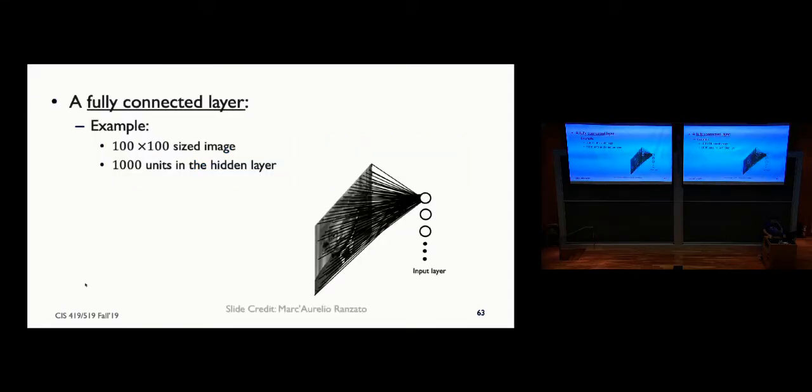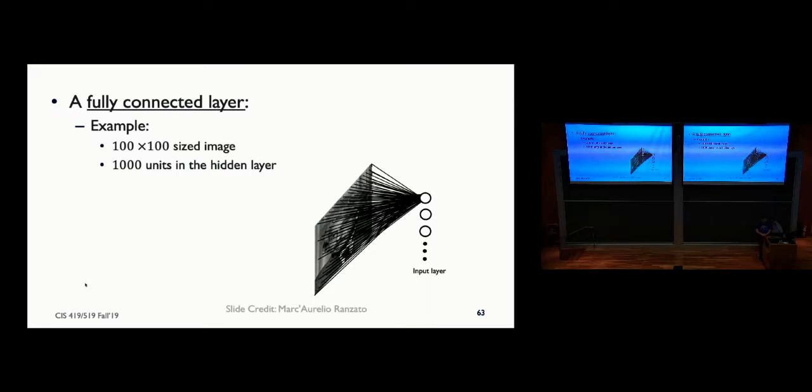So suppose I have 100 cross 100 sized images, and I make the first hidden layer to be of 1,000 dimensions. How many parameters do I have now in this one hidden layer? 10 to the 4. No, a little more. Cross 1,000.